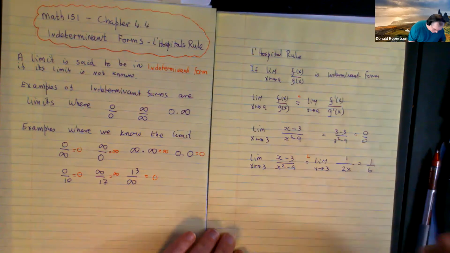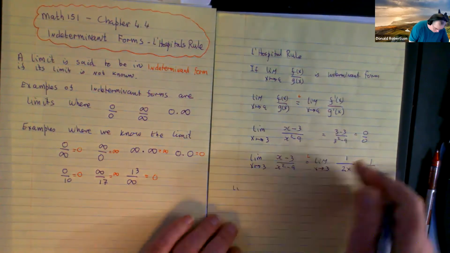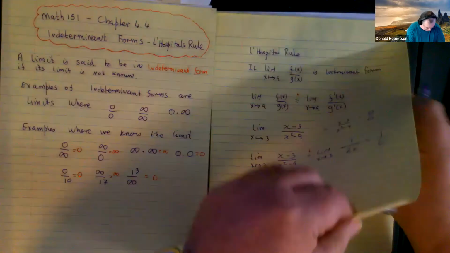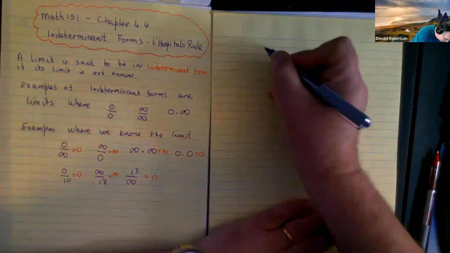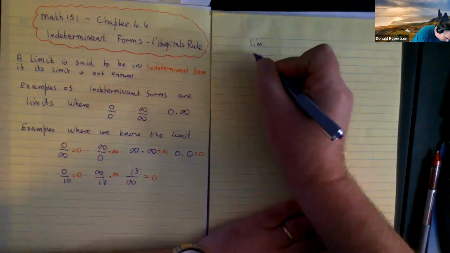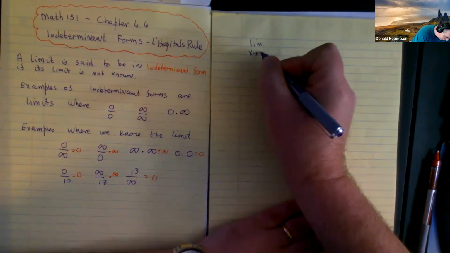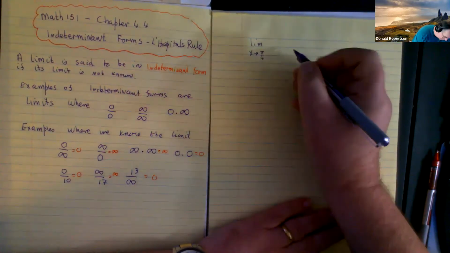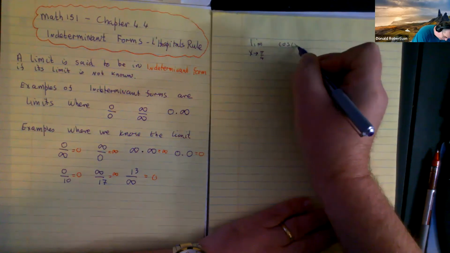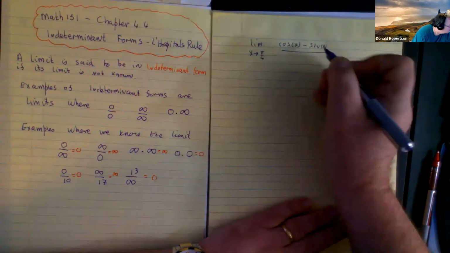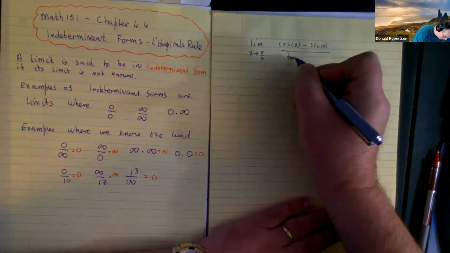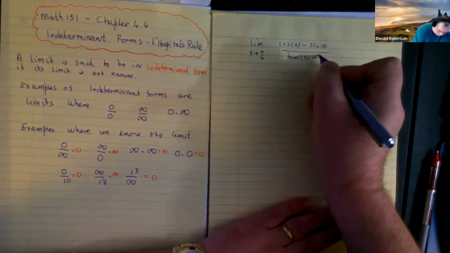Let's pick this fella. I'll do it on the new page. So let's find the limit as x tends to pi upon 4 of cosine x take away sine x all over the tan of x take away 1.